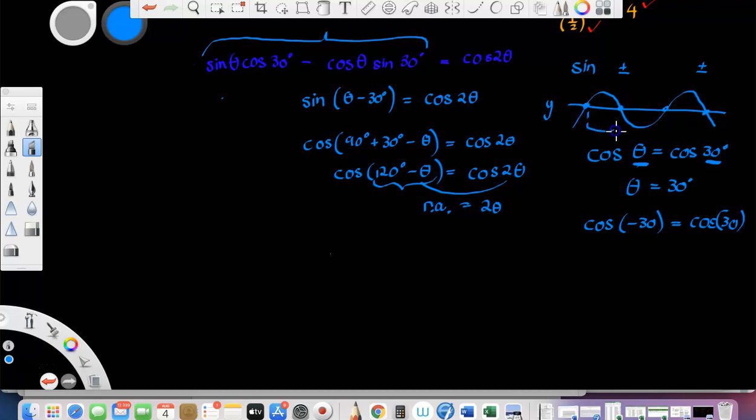This x goes in and gives me the same output as when that one goes in and that one goes in. So all of them will get the same answer as when I put in cos of 30. So I can't just make these two equal to each other.